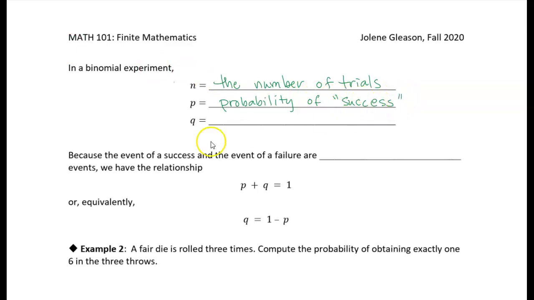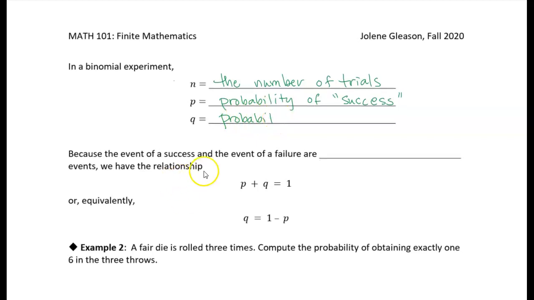And Q is going to be the probability of failure, however we want to define failure.